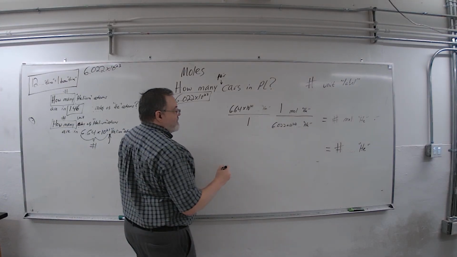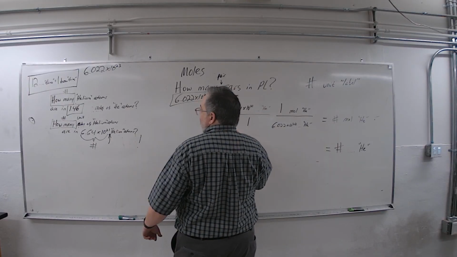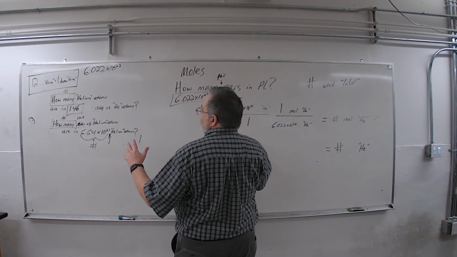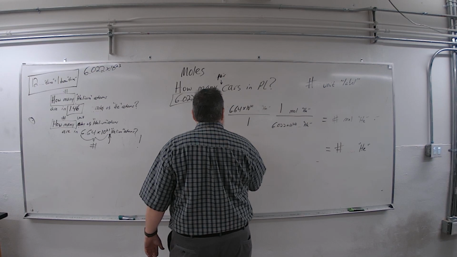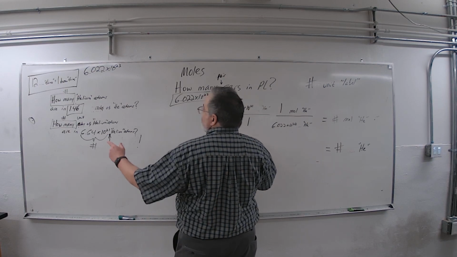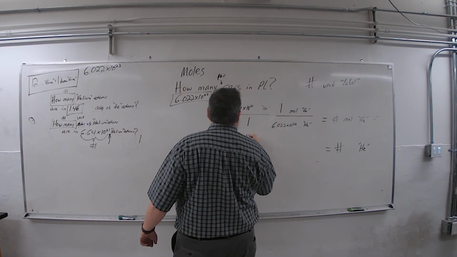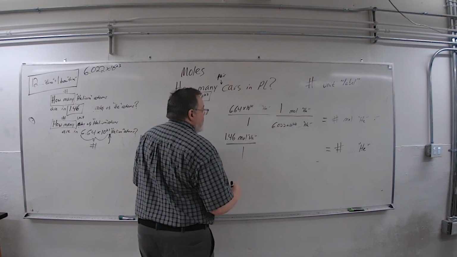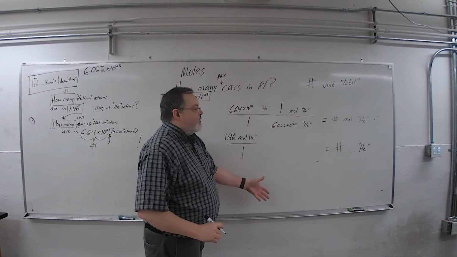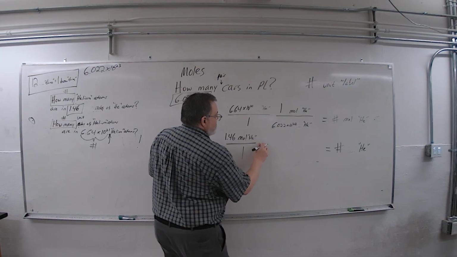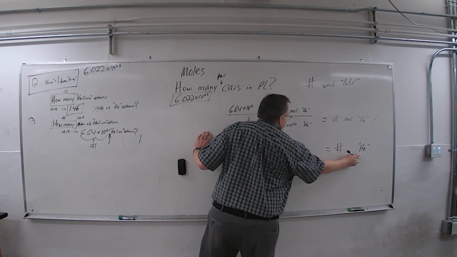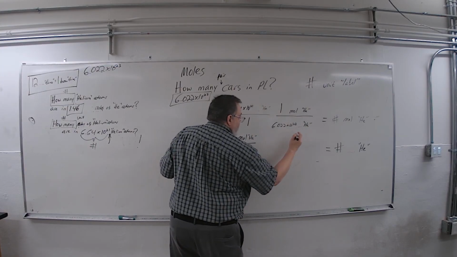So now I'm writing on top 1.46 moles helium atoms over 1. And now I'm using this, but I'm going to use it flipped over. This time I want moles of helium to cancel out, so I've got the dot, dot, dot. So the dot, dot, dot needs to be on top.